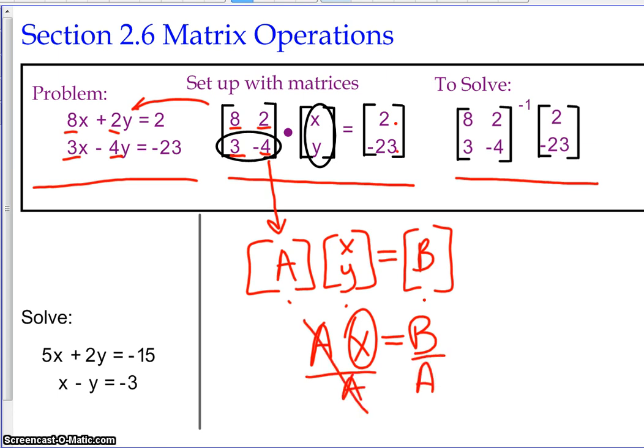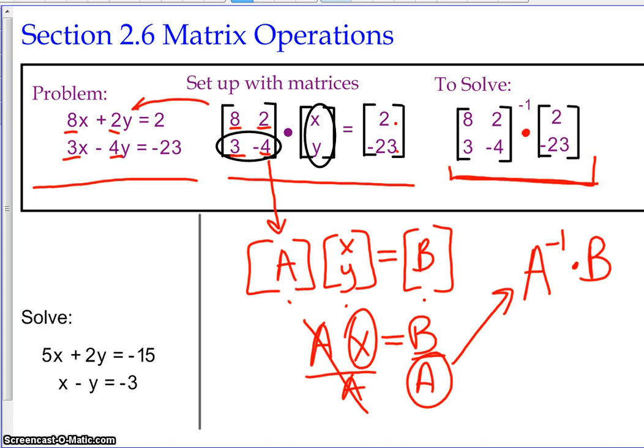Well, with matrices, it's not so easy to do division. So the way that we write division with matrices is we say A inverse times B. Okay? And that's what we have shown right here: A inverse, that first matrix inverse, times B.